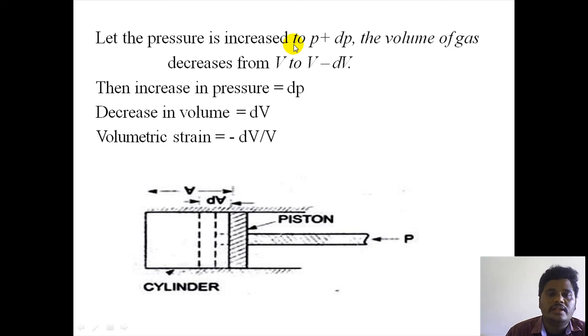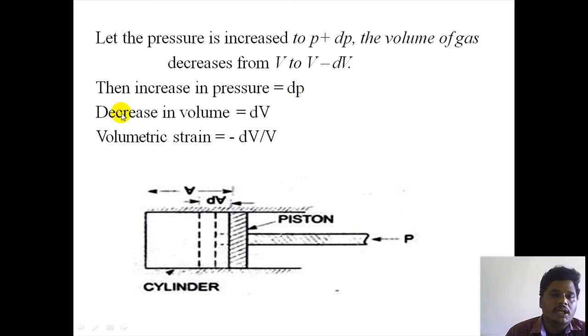The volume of gas decreases, becoming V minus dV. The increase in pressure is dP, and the decrease in volume is dV.